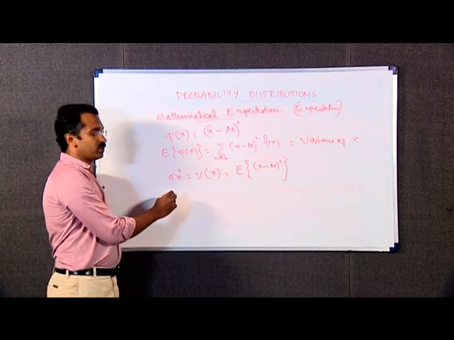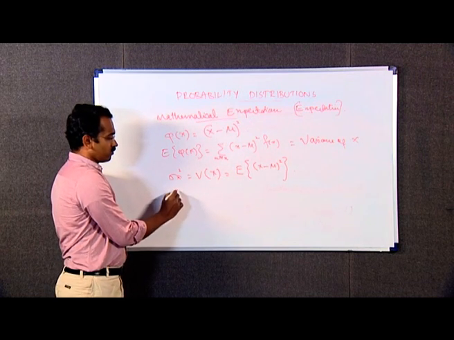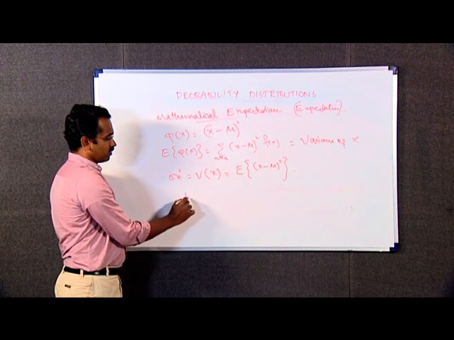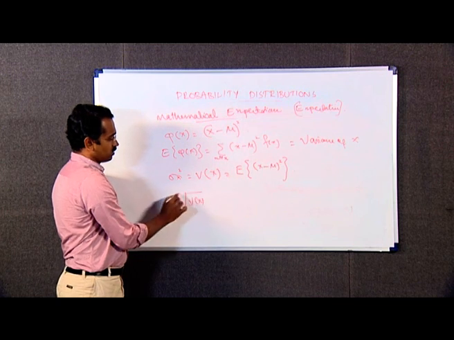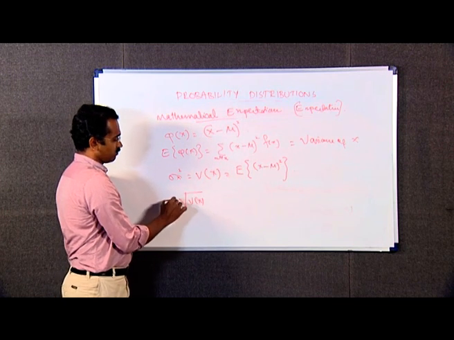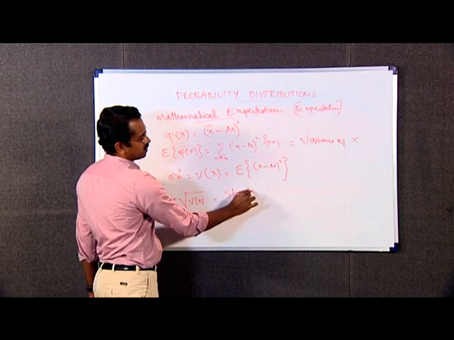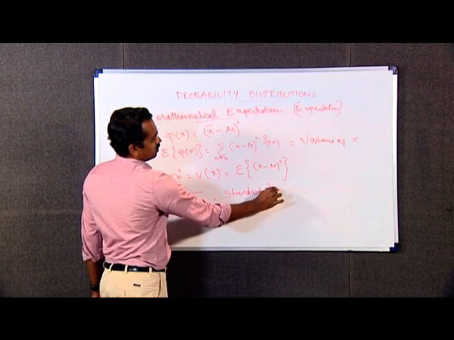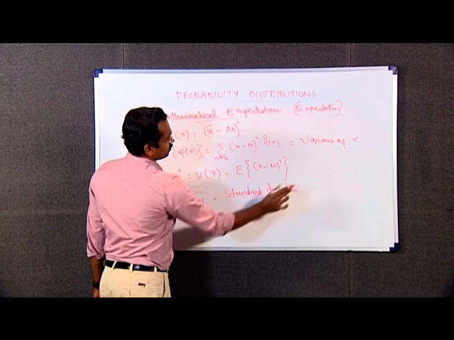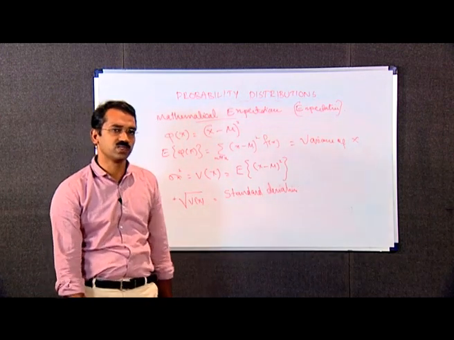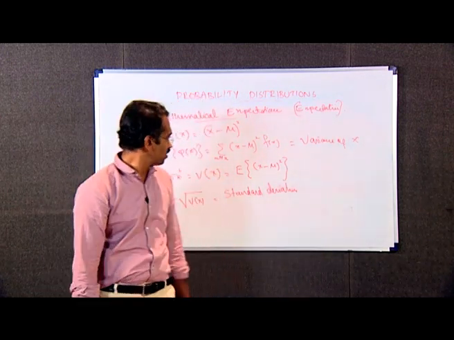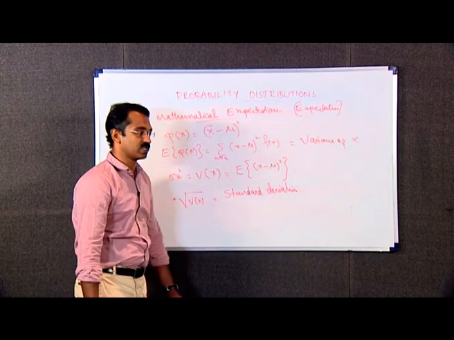And the positive square root of variance of x is known as standard deviation. These are some basic definitions using the expectation.